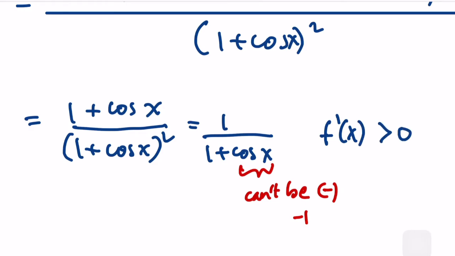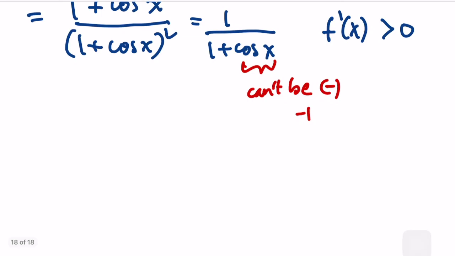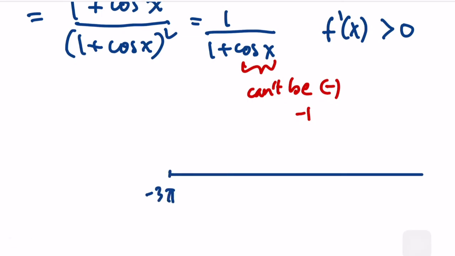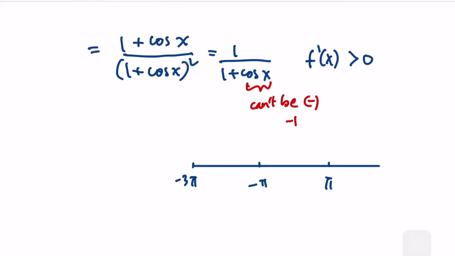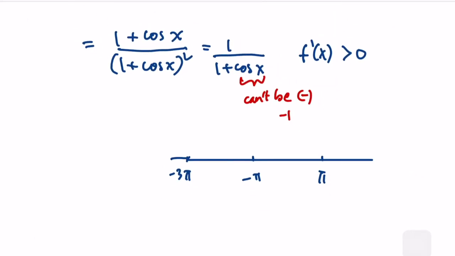You can check probably in between negative 3 pi and negative pi, and then pi, and then 3 pi here. So this will be the asymptote, asymptote, asymptote, asymptote.